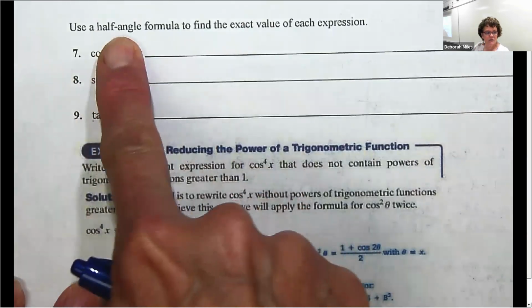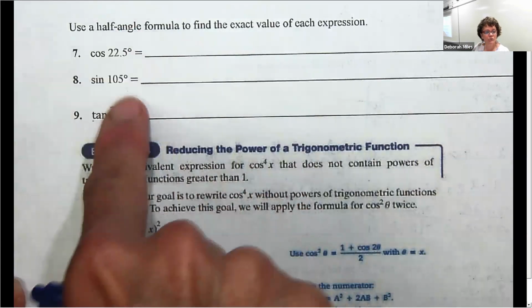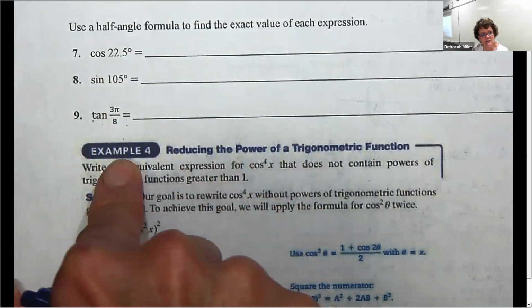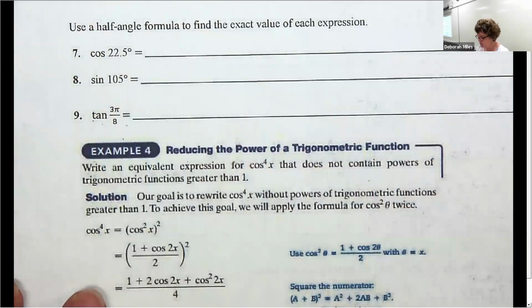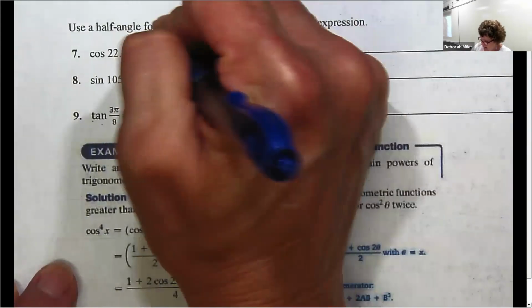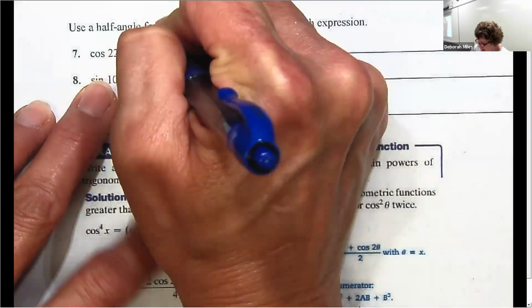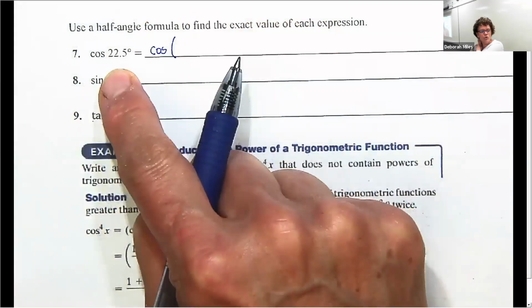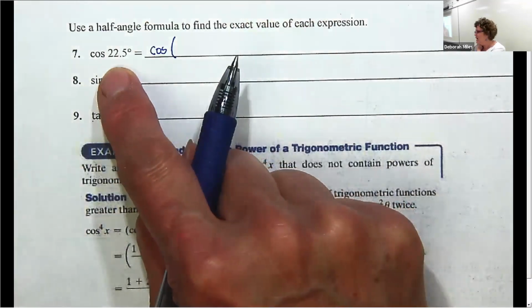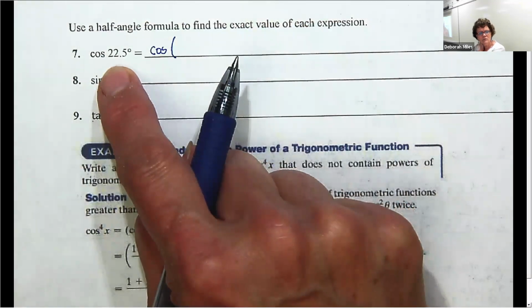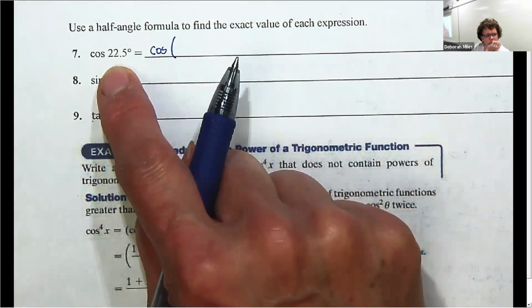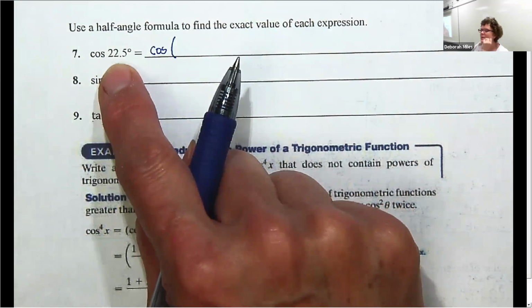Because these three problems tell me specifically to use the half angle formula, that's what I'll do. And number 7, I have to think, what is 22.5 half of? No, I'm not asking what's half of 22.5.